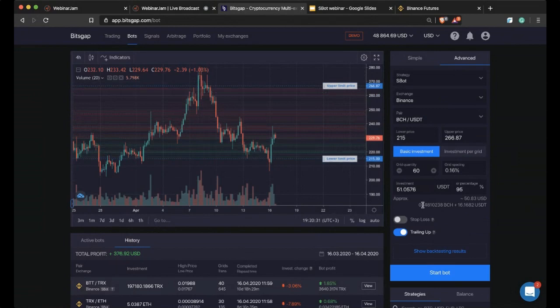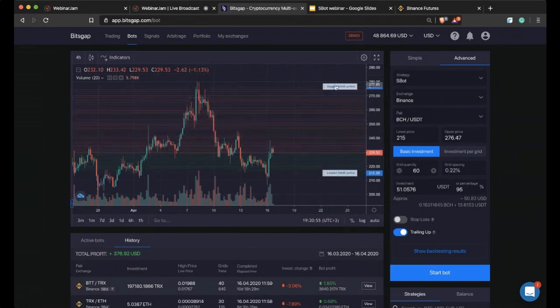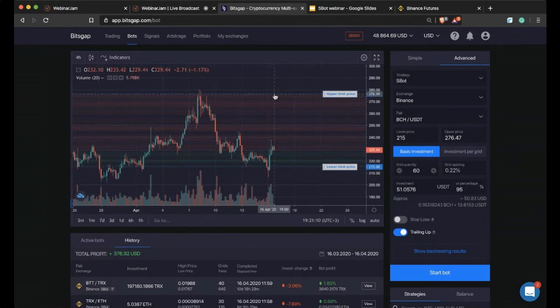In order to initiate the bot, I must have on my account, or if I don't have it, attention, the bot will buy at current market price enough of the base currency so that it would be possible to set all of the sell orders right here. So the wider your sell zone is, the more of the base currency you must have on your balance, or the bot will have to buy it. All right. So keep in mind that the wider the sell zone, the more is your risk exposure to the, in this case, Bitcoin Cash price fluctuation.